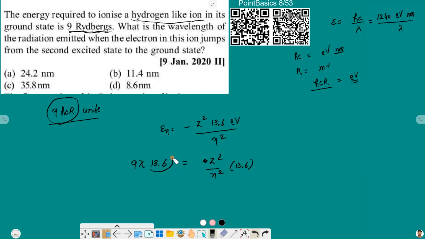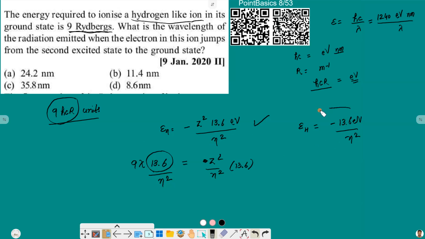Now, how did I get this 13.6? I got it from here. For hydrogen, Z will be 1, so E_H will be minus 13.6 electron volt divided by n square. Oh, sorry, I forgot n square here.